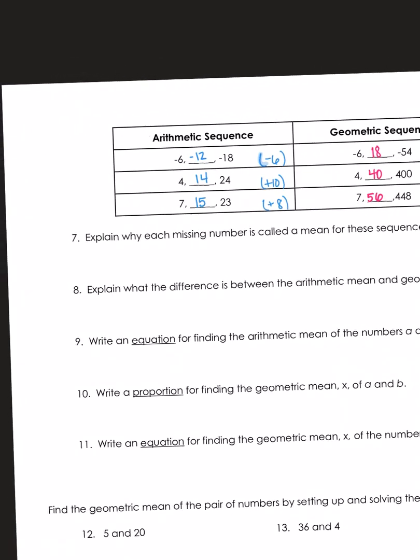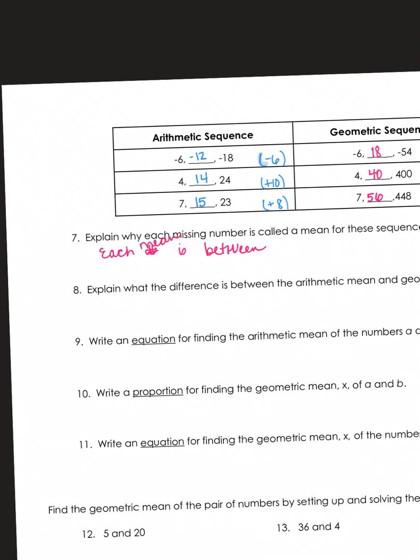That's because they are between two numbers in the sequence with either equal spacing through addition or equal spacing through multiplication, okay? So each mean would be a better way to say that.